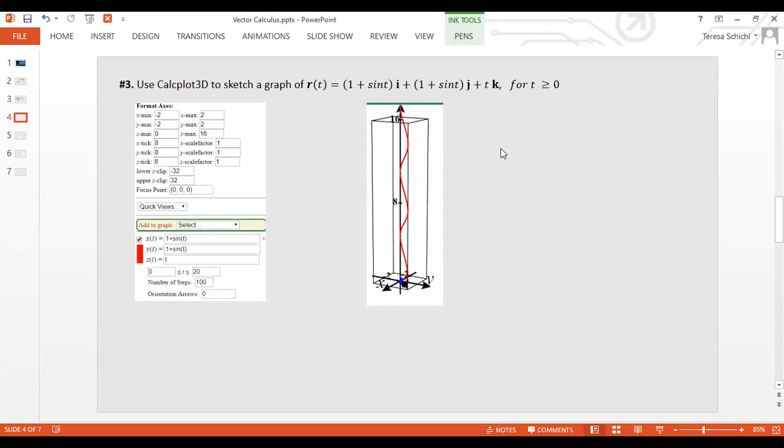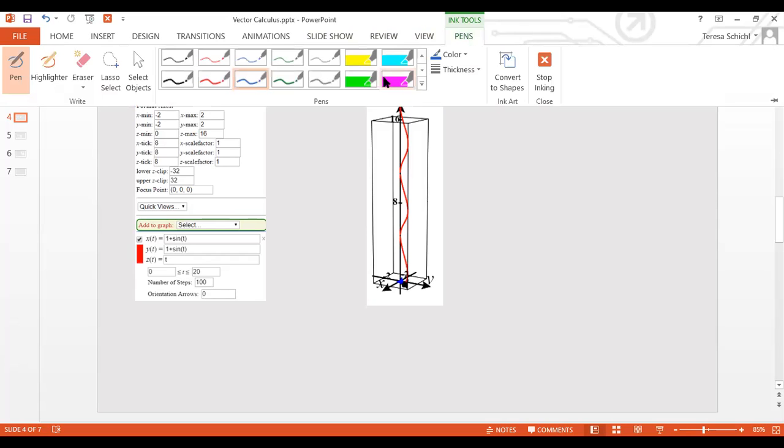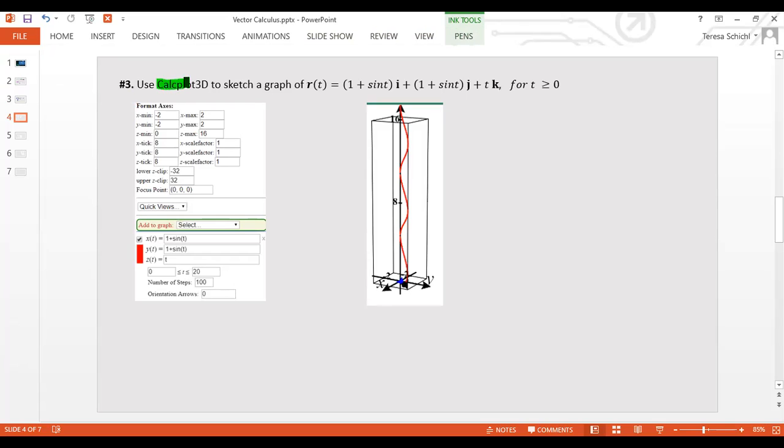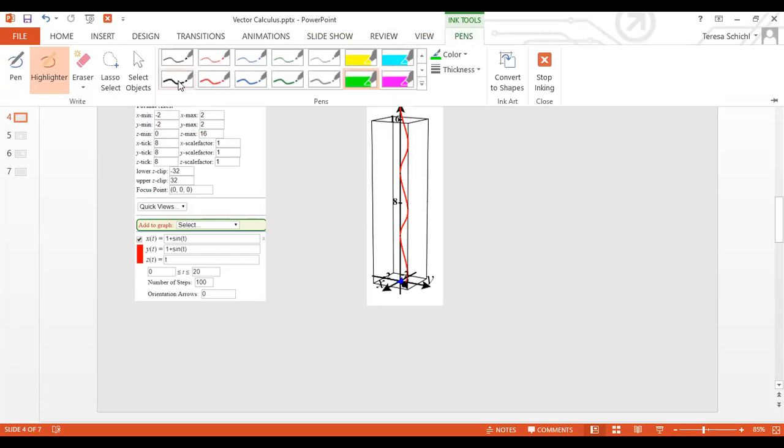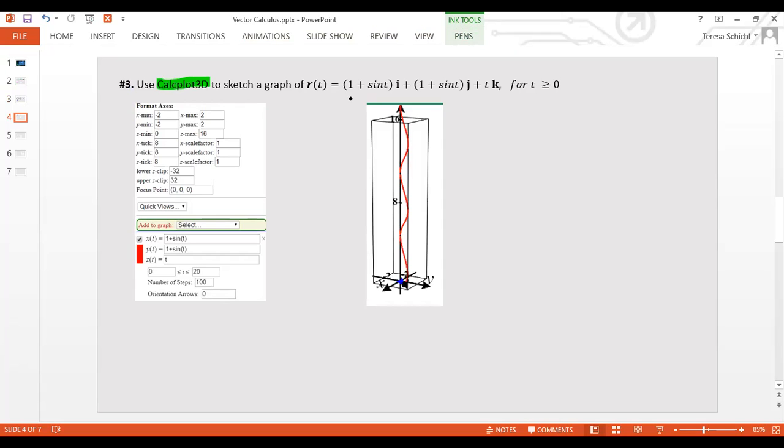All right, so here I just want to demonstrate what I mean by a space curve. Here they say use CalcPlot3D. That's the software, and I recommend it if you want to take a quick look to sketch the graph of r(t) = (1 + sin t)i + (1 + sin t)j + tk for t greater than 0.